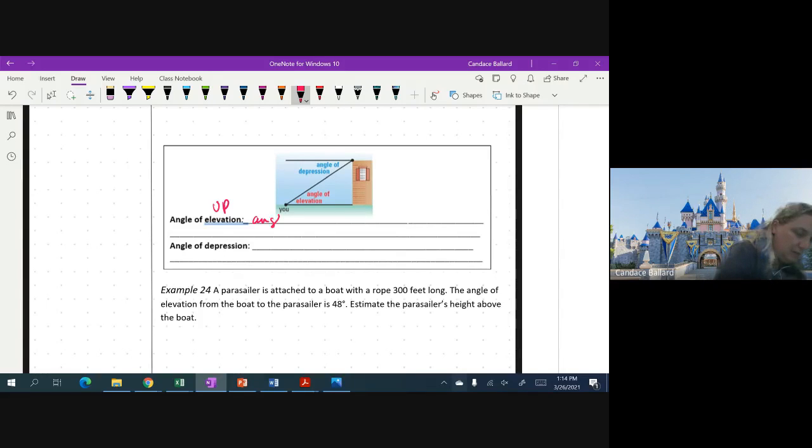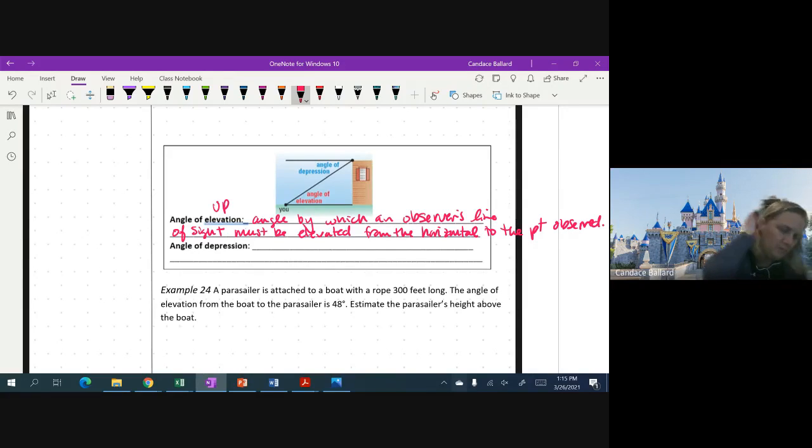So this is the angle by which an observer's line of sight must be elevated from the horizontal to the point observed. So write that down and we'll talk about what that means.